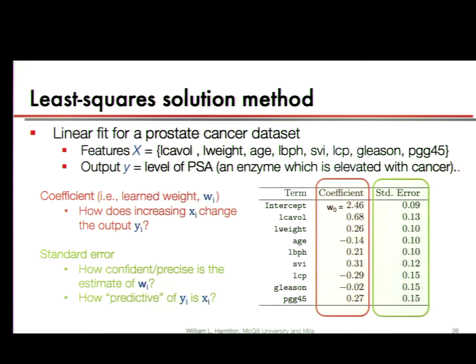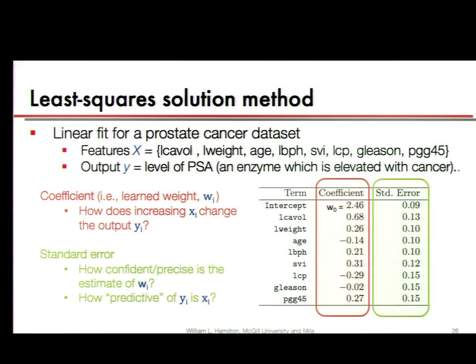The other thing you'll often get if you run an off-the-shelf linear regression package is estimates of what's called the standard error. I'm not going to go into details of how to compute the standard error now because we have a lot to cover today and in this course, but it's important to know that this standard error tells us how confident or precise our estimate of this weight value is.